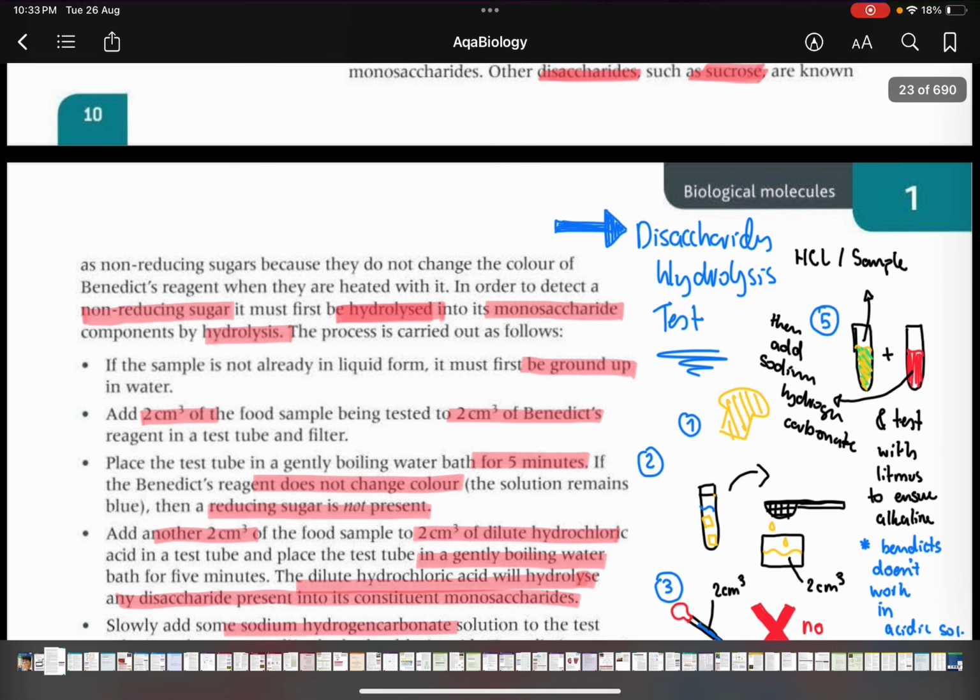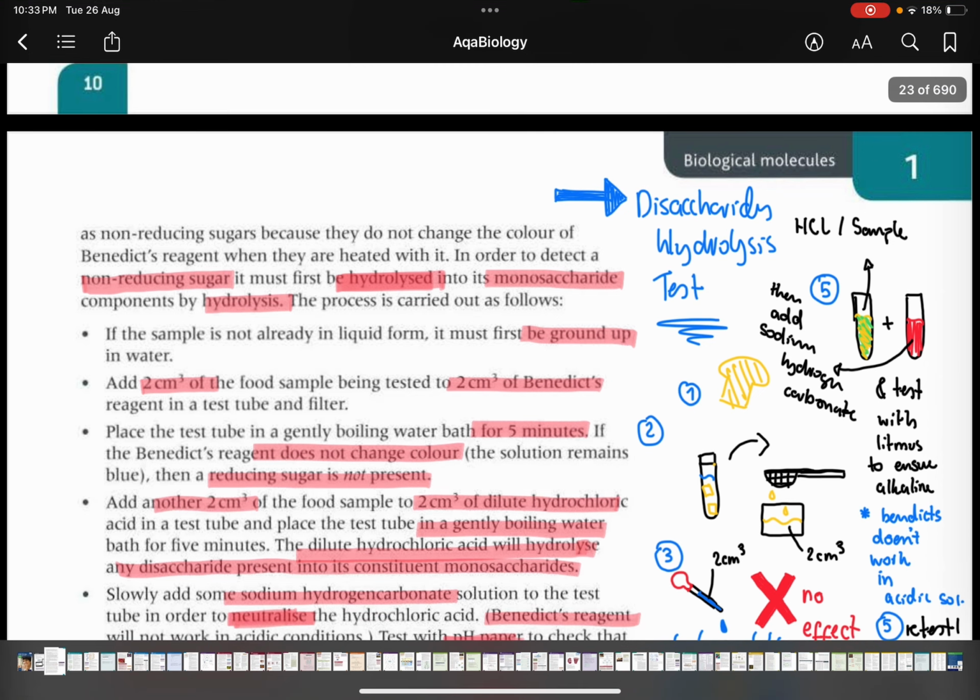Non-reducing sugars don't change color when they're added to Benedict's reagent, and the only way that we can test for them is by hydrolyzing them first into the monosaccharides. So for sucrose, that would be hydrolyzing it into glucose and fructose, which are the monosaccharides.